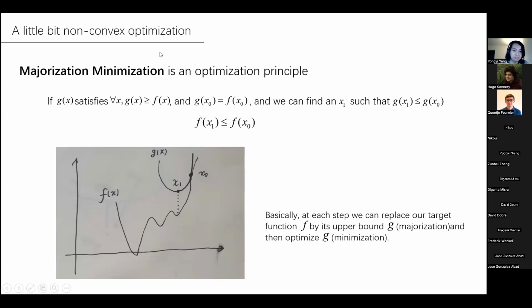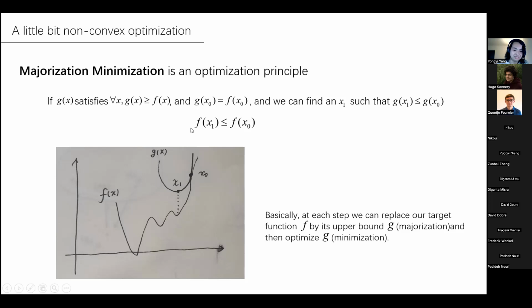Now we want to show you how to recover the self-attention from the optimization perspective. But at first, I want to introduce a little bit of non-convex optimization, in case anyone is not familiar with it. Majorization minimization is a principle in non-convex optimization.